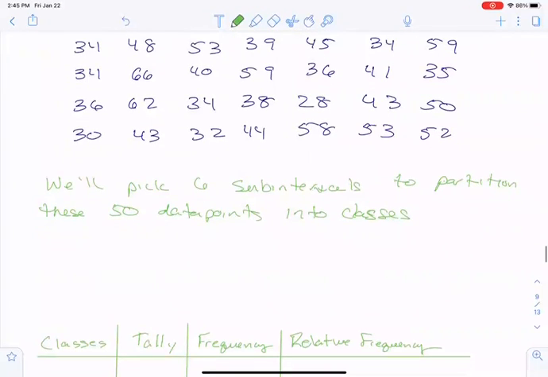When we build our classes, the first thing we need to look at is the class width. Our class width, again, is going to be the range divided by the number of classes. In this case, the highest data point is 70, our lowest data point is 26, and we want to divide it into 6 classes.